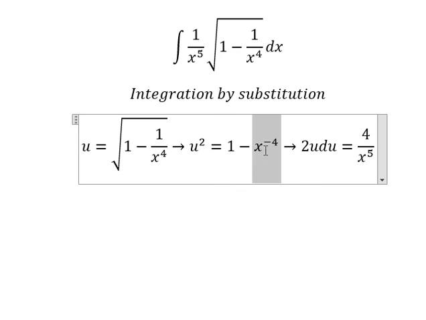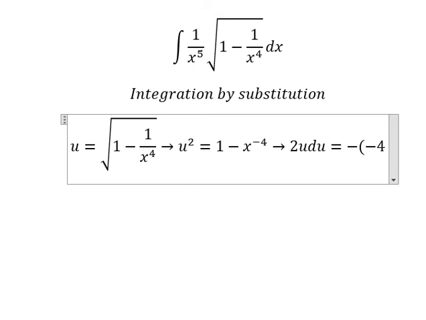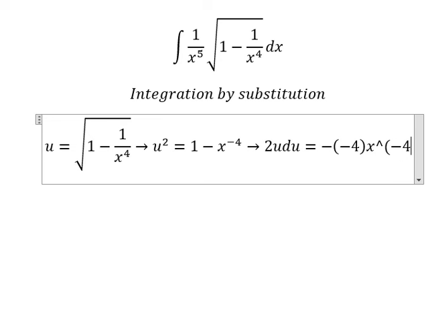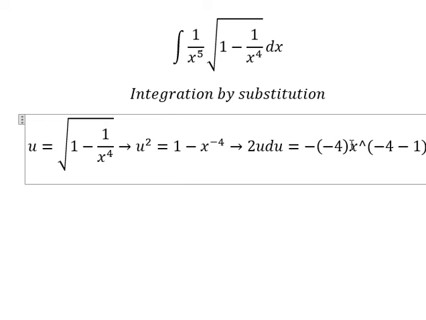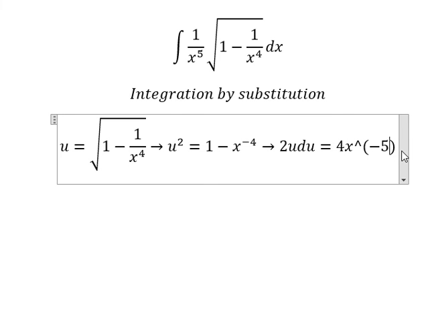So if we do first the derivative of this one, we will have negative, and we have negative 4 x to the power of negative 4 minus 1. So negative and negative, we have positive 4. This one, we have negative 5. And we can put like this.